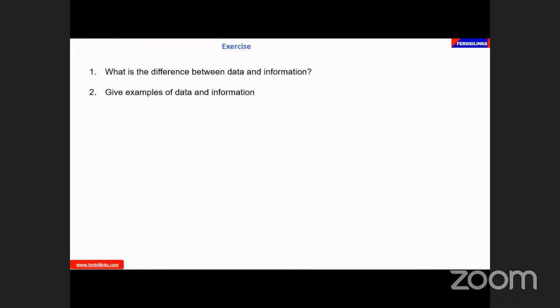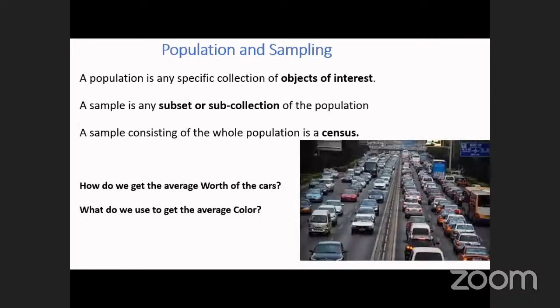Because generally, a population depends on the context, on how large the group is.